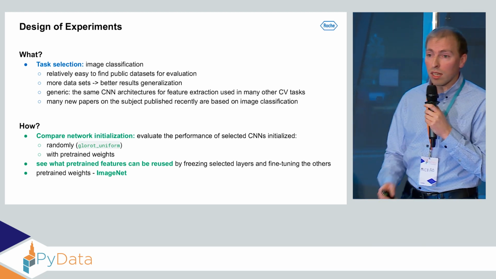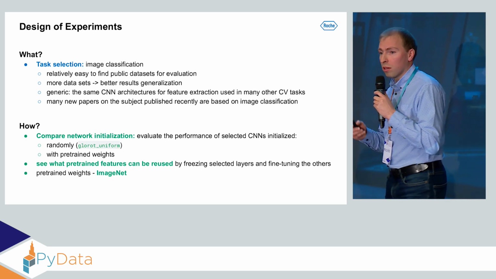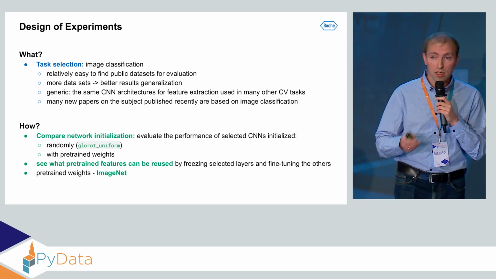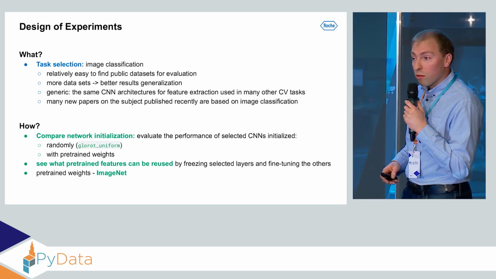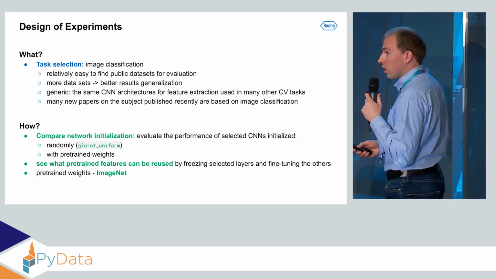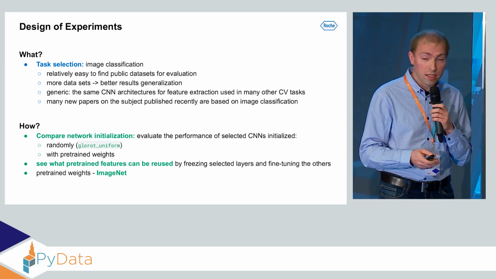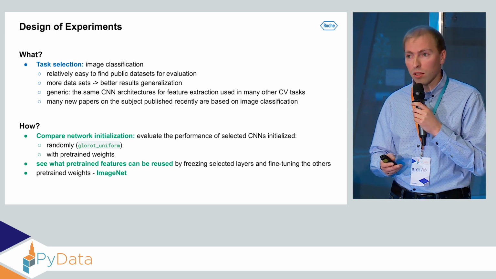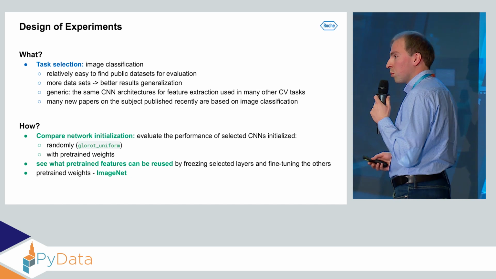First of all, it's relatively easy to find public datasets to evaluate this problem. And the more datasets we have, the better we can generalize. Moreover, I strongly believe we are not focusing just on image classification here, because exactly the same convolutional networks can also be used for object detection or in basically many other computer vision tasks.